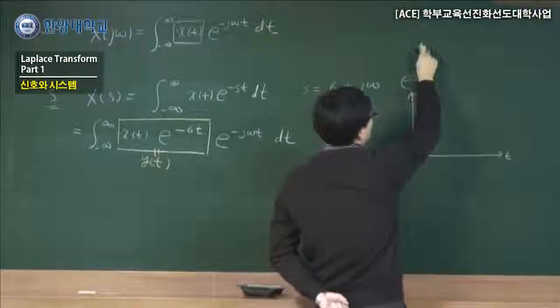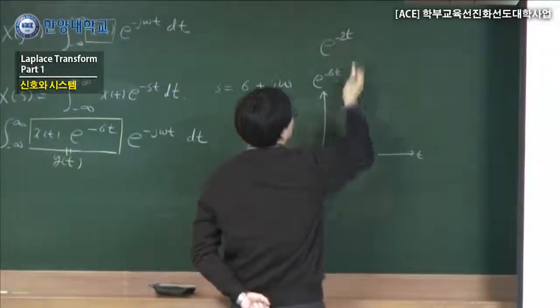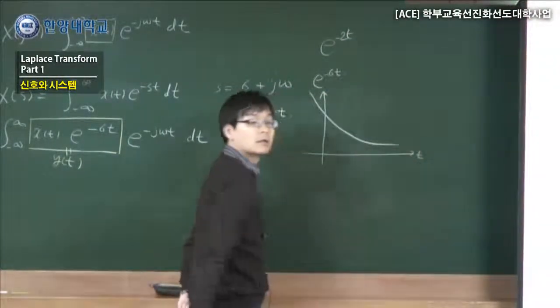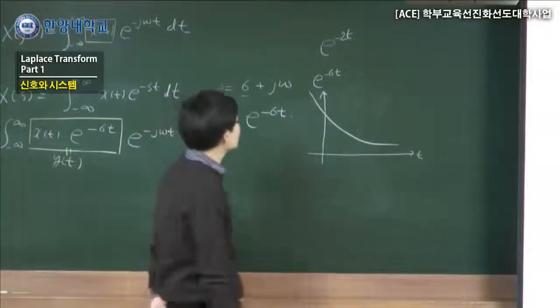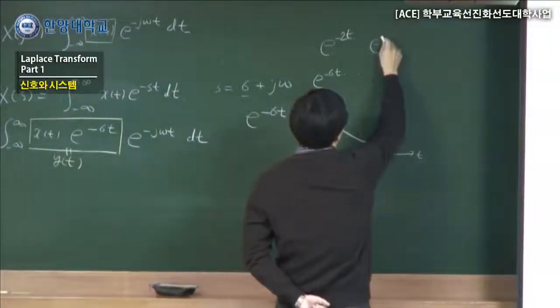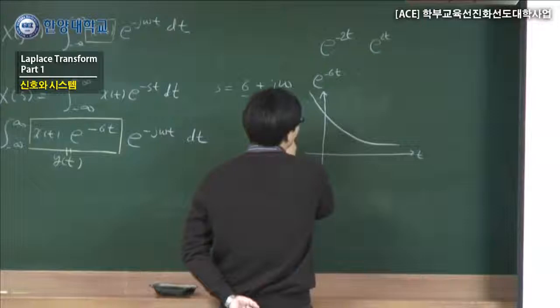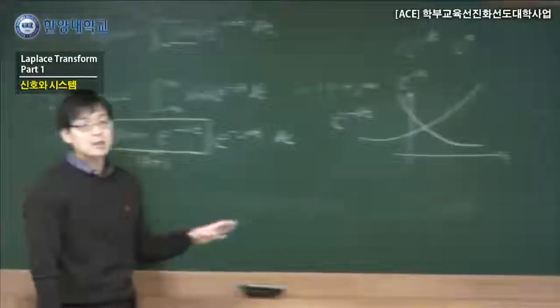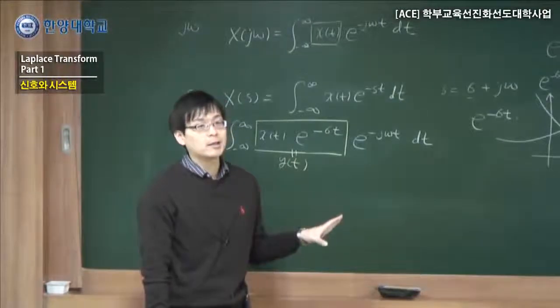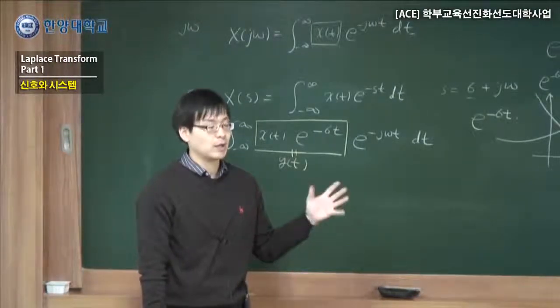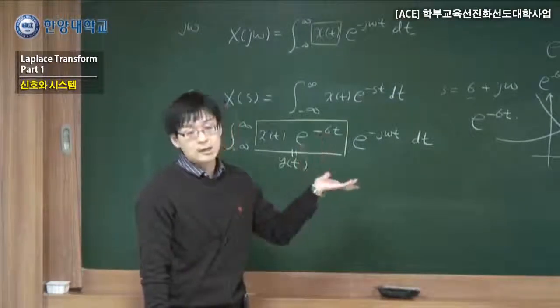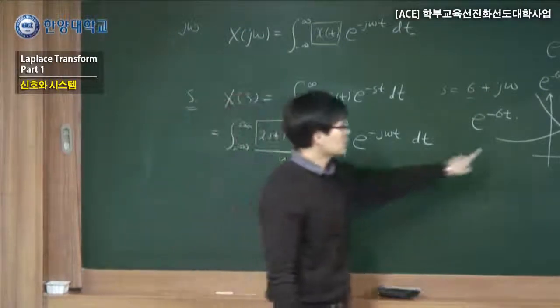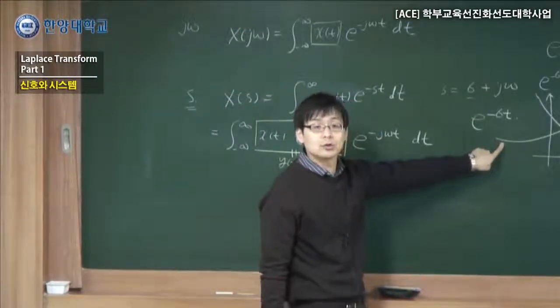Say e to the minus 2t, then it looks like this. If sigma is negative, e to the plus 2t, then it looks like this. So this e to the minus sigma t, depending on the polarity, positive or negative, of sigma, can diverge.